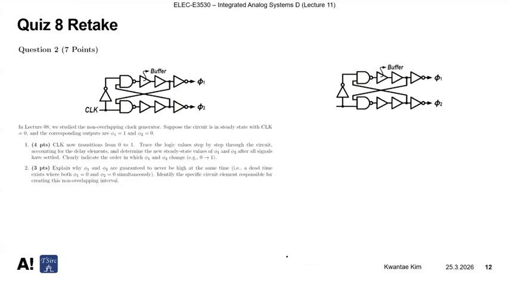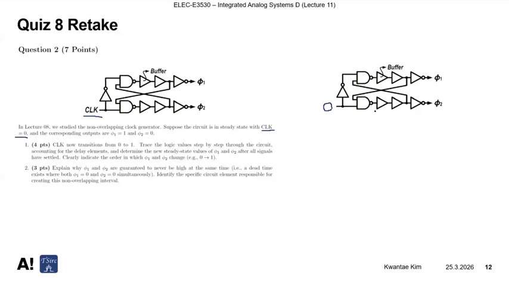And the second question is the non-overlapping clock generator. This question was just to follow this structure and calculate how the logic on each stage will change. So let's assume that the clock is 0 at initial condition. Then here the clock is 0, that goes to here 0.